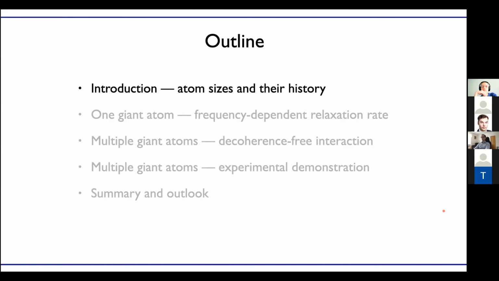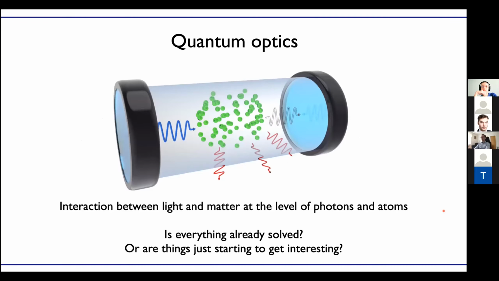Okay, so let's look at atom sizes. The topic here is really quantum optics. So we're talking about the interaction between light and matter. Here, for example, a cavity with photonic modes, and some green atoms that can interact with the light. We're dealing with this interaction at the level of single photons and single atoms.